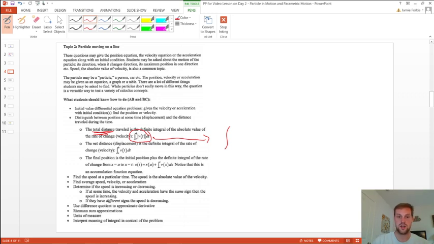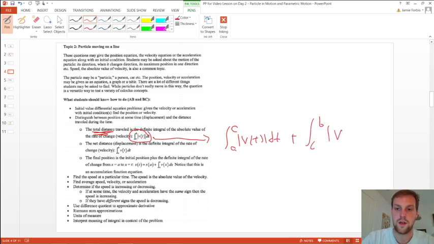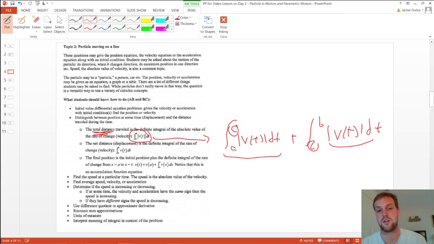If there's a point at which it changes positions, let's say at point c, then you have to split up the interval: the integral from a to c of the absolute value of v of t dt, plus the integral from c to b of the absolute value of v of t dt. So if you're doing it by hand, you got to break it up at that c value where it changes directions. It's not always the case, but that's the first thing you should check when talking about total distance, unless it's calc active, then just do it in the calculator.